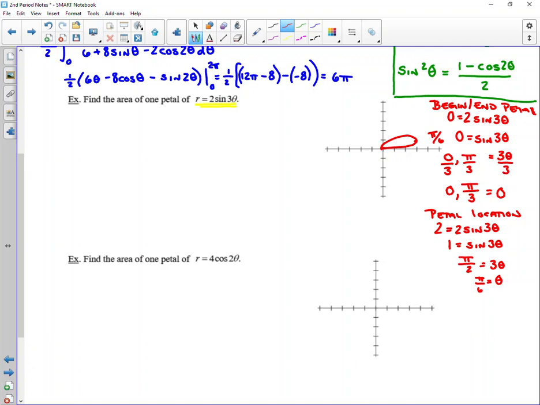But if you have 0 to pi over 3, you know a petal is going to happen in between them. Is there a reason you want to use petal location? Nope, it's up to you. Sometimes it'll tell you exactly where the petal lies. I'm just saying, to draw the actual petal. Oh, to just draw it? To draw it.